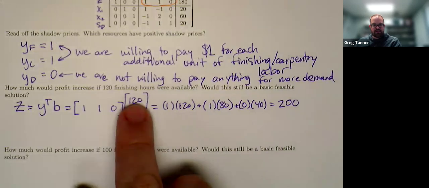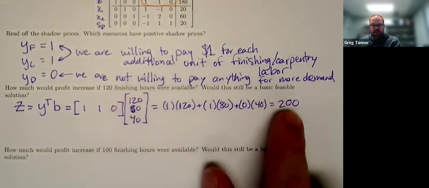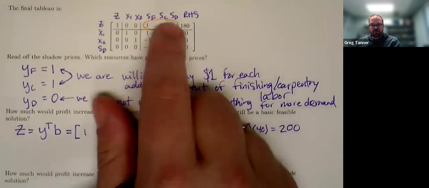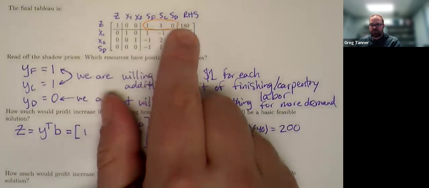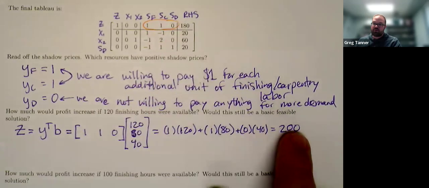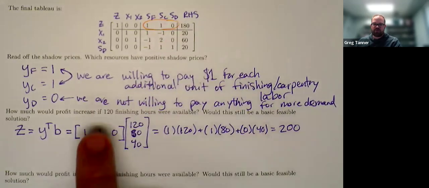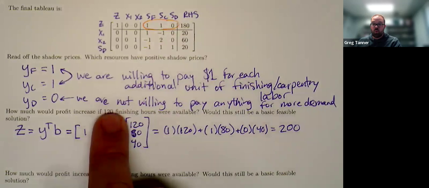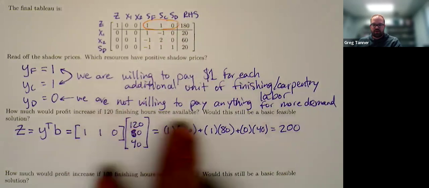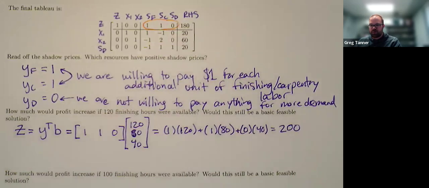So I increased my finishing hours by 20, and my new objective value would be 200, which compared to my previous objective value of 180, increased by 20. So the 20 additional units each got me 1 additional unit of profit, and my new profit is 200.